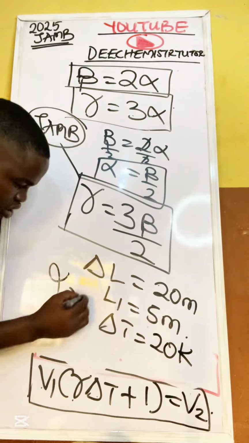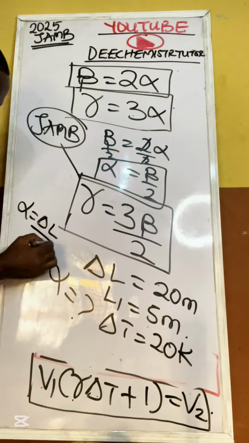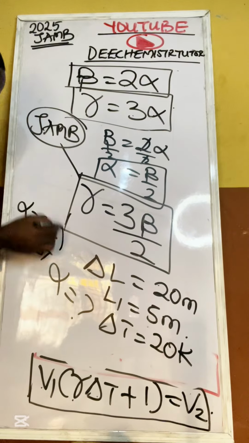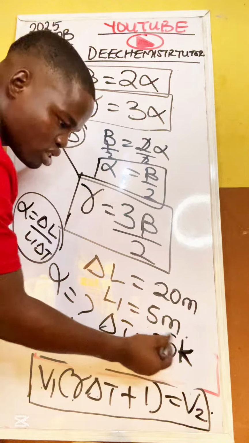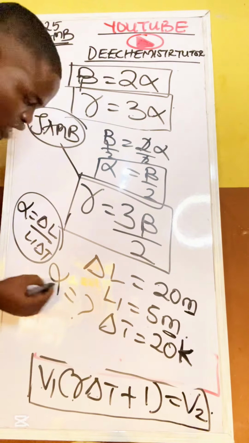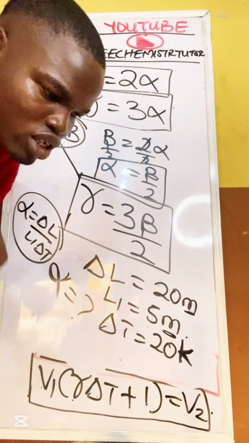Calculate alpha. I've already given you the formula. What's the formula? Alpha is change in L over L1 change in temperature. So this is Kelvin, and this is meter. Calculate the linear expansivity and drop the answer in the comment section. I'll be checking to see who is correct.